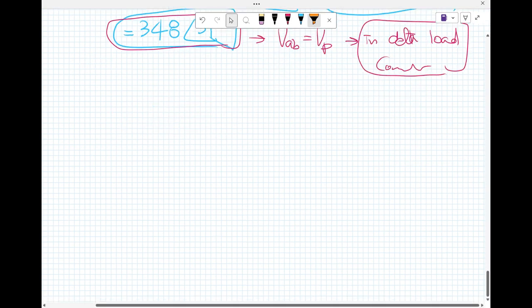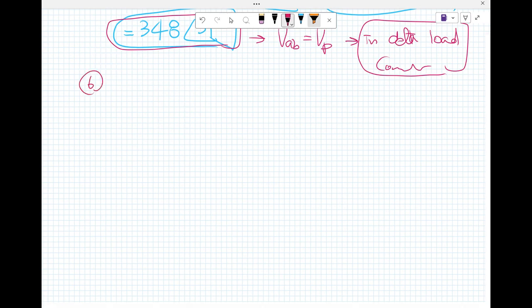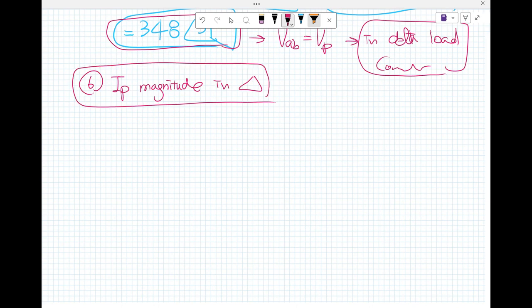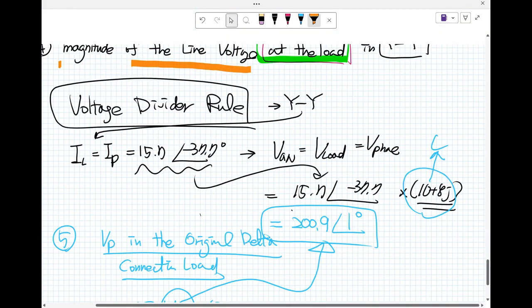The last question is, what is the phase current magnitude in the delta load connections? Go back to here.